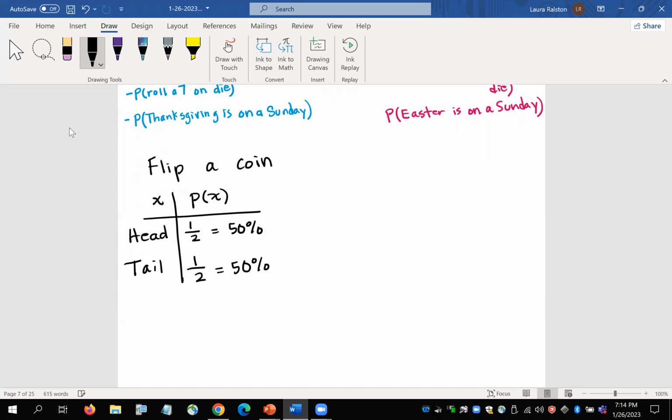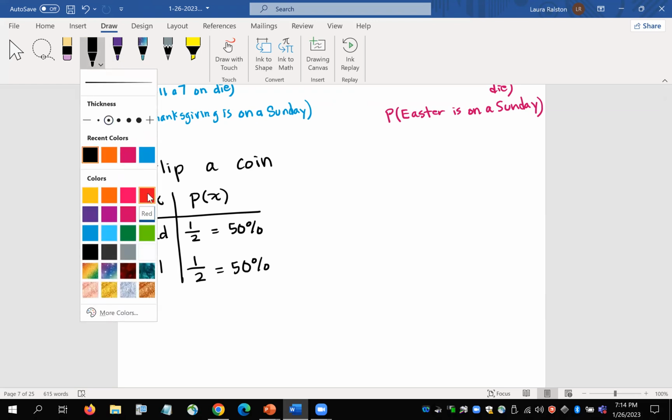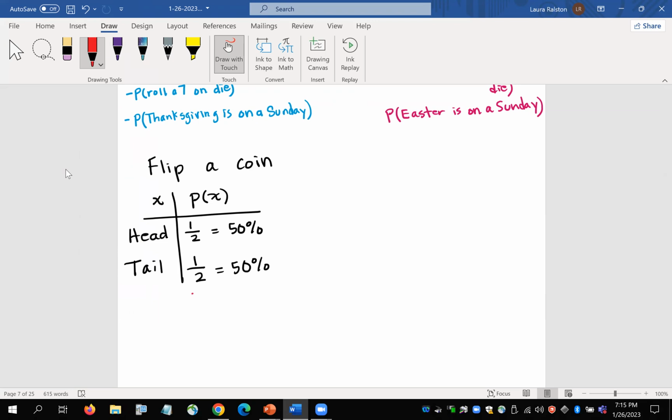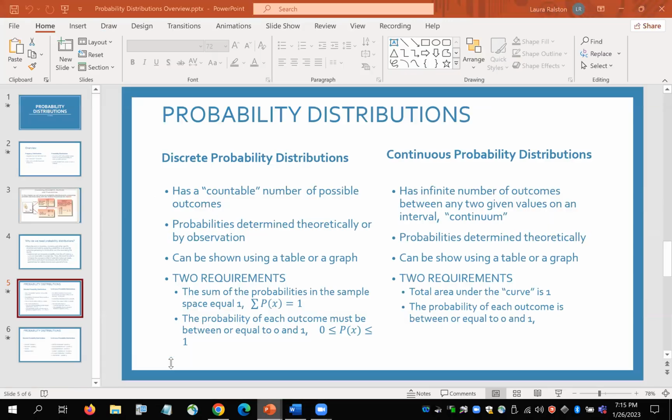That's the only two things that can happen when I flip a coin. If I add those two things together, 1/2 plus 1/2 is 1, or 50% and 50% is 100%. So if I consider all the things that can happen, then the probability has to total to 1. Those two rules, guys, are going to be super important as we move forward.